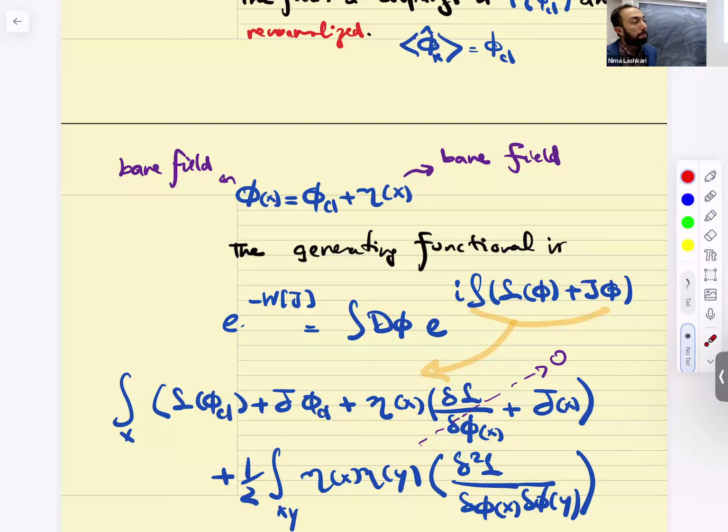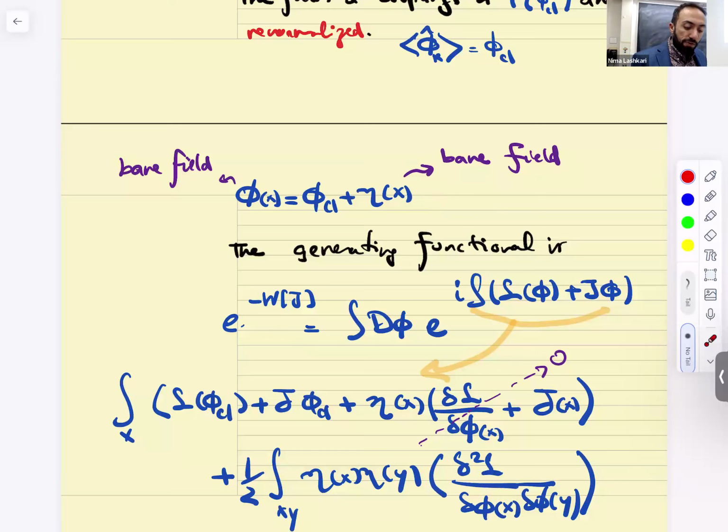But that phi renormalized is taking a 1-point function like this. So I can always split my bare field as phi classical plus another bare field, which is a shifted bare field, right? So in this analysis, eta will also be renormalized. There will be a renormalized part, and there will be counterterms in it.